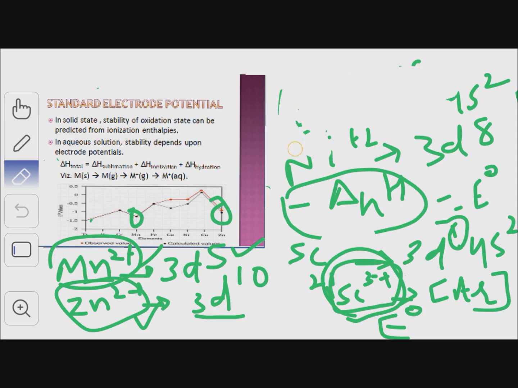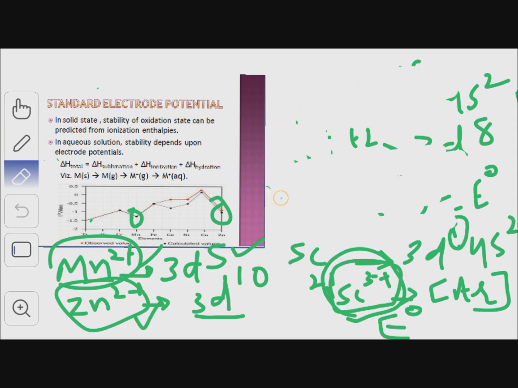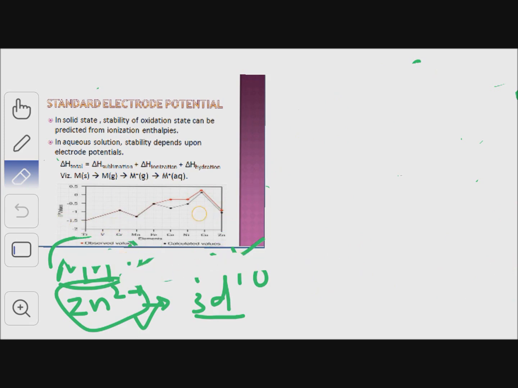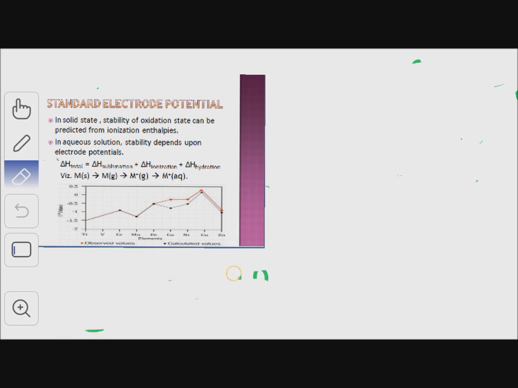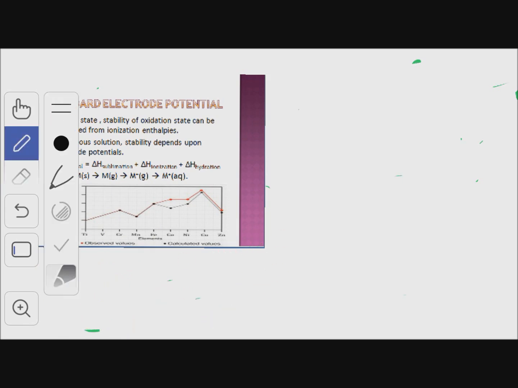Next is the iron. In case of iron, Fe has electronic configuration of 3d6 4s2, because its atomic number is 26.